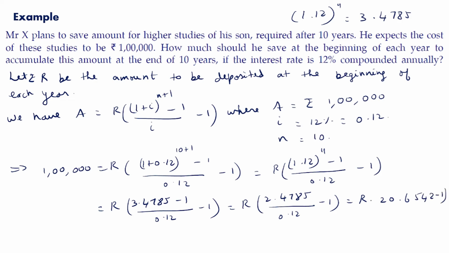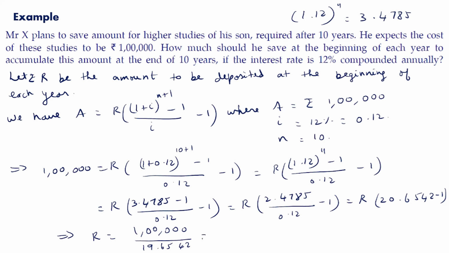This 2.4785 upon 0.12 comes out to be approximately 20.6542, minus 1. So this implies R is equal to 1 lakh upon (20.6542 − 1), which is 19.6542.